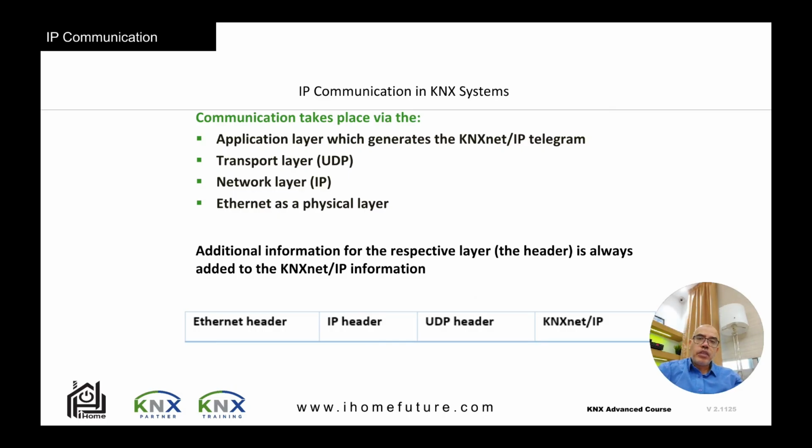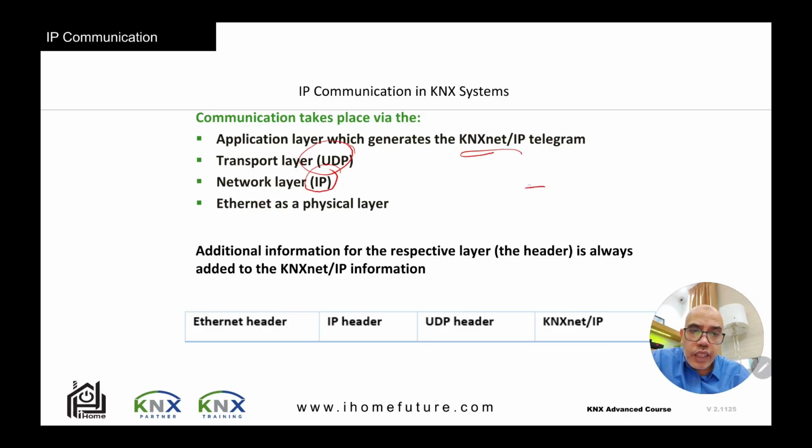Now we talk about the KNX system. In the KNX system, the application layer is KNXnet/IP, and UDP is being used, also TCP somehow, with the network layer IP and Ethernet as a physical layer, which is the connection. The KNX system here is very simple.